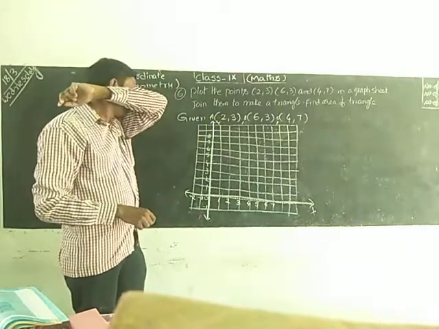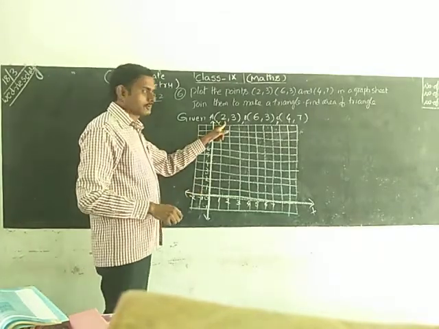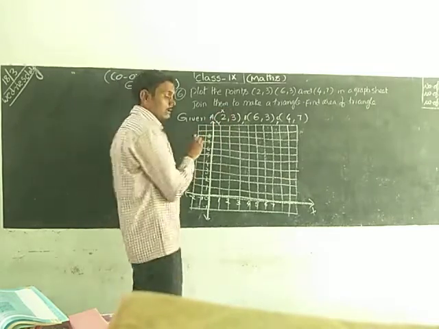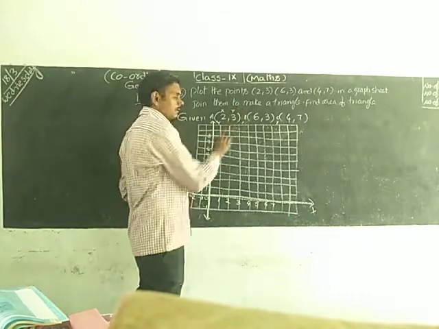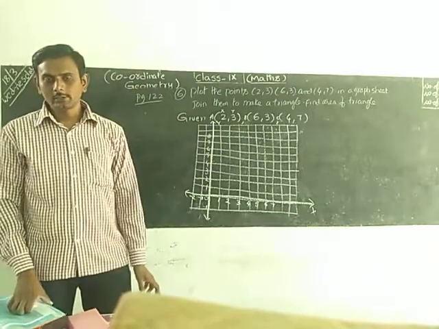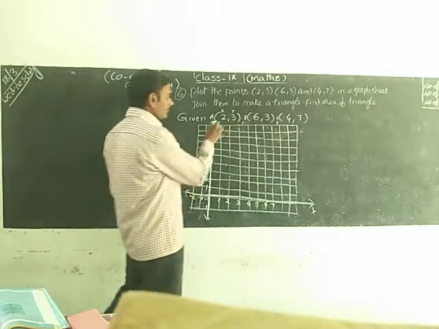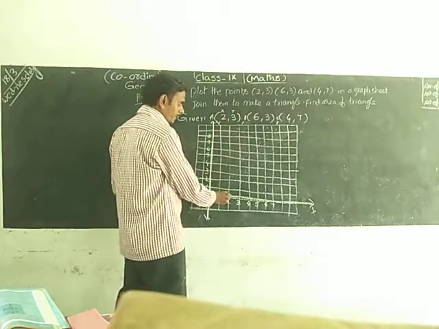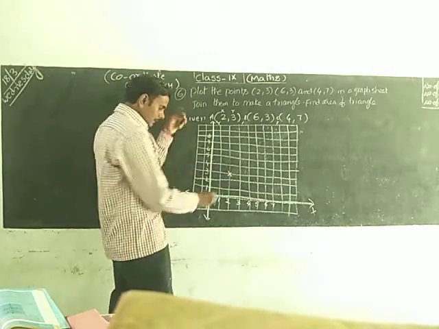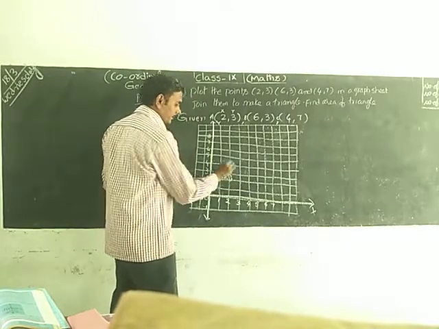The first value is always on the x-axis and the second value is on the y-axis. x is 2, y is 3, both meet at one place. This is point A.